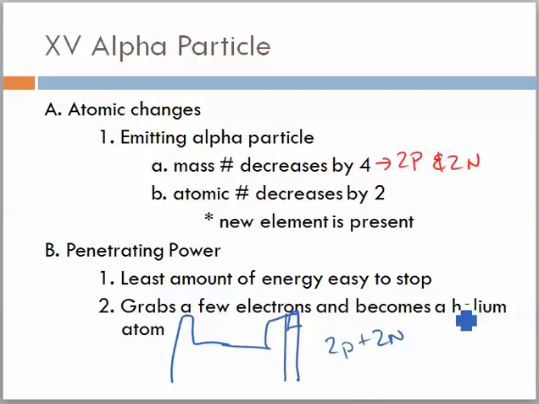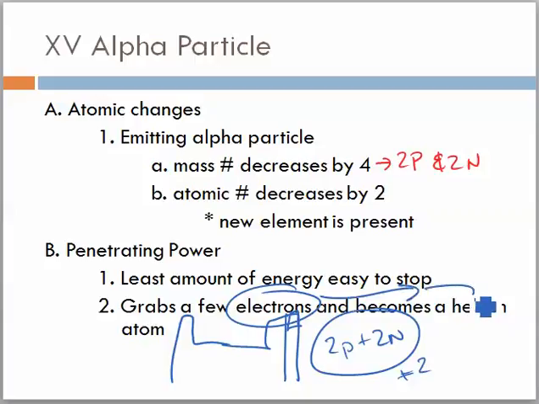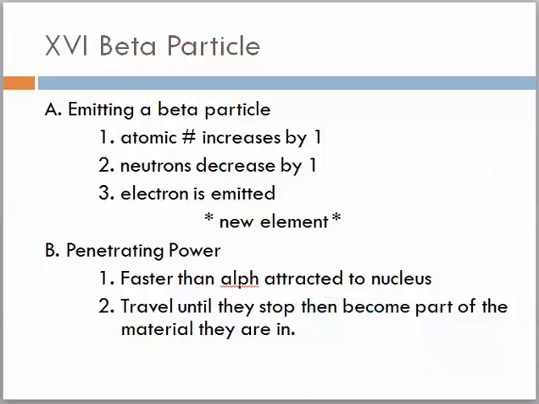Well, that's what an alpha particle has. So an alpha particle is just simply a helium ion, and it is +2. It'll grab a few electrons, and it simply becomes helium. It's not very hard to stop. It doesn't have much penetrating power. An alpha particle is not dangerous. A beta particle. We had talked a little bit about the beta particle.